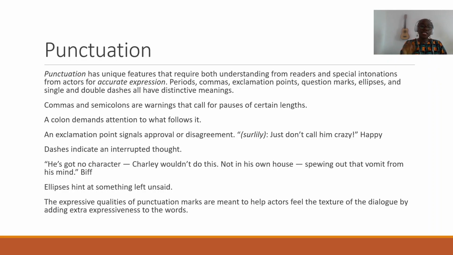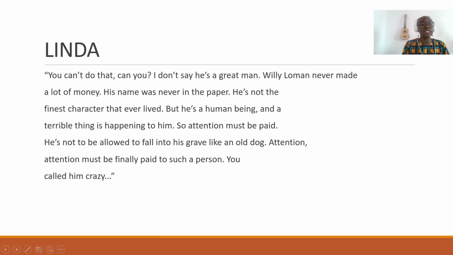Ellipses, which are these dots that come right after a sentence, or in the middle of a sentence you see these three dots. They tell you something has been left unsaid. So when you see those dots, it always points to this fact. And I think Linda, exactly, this is an example of ellipsis.